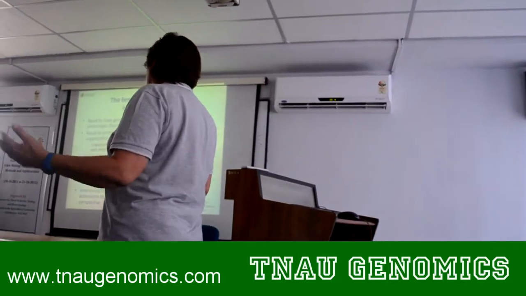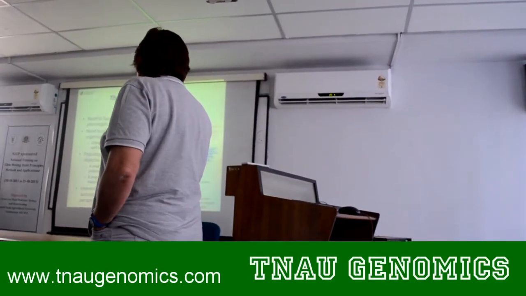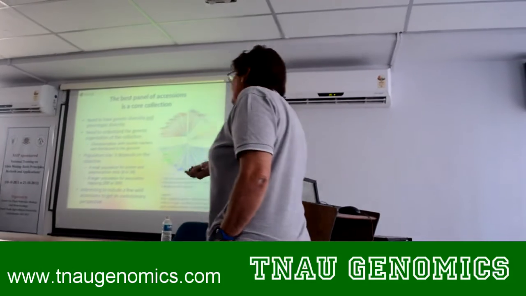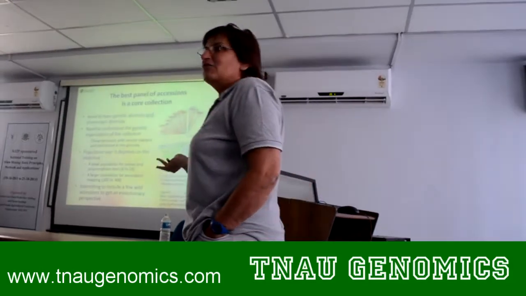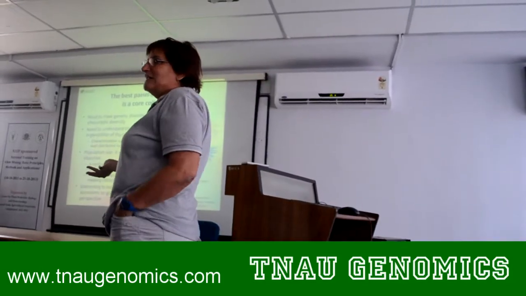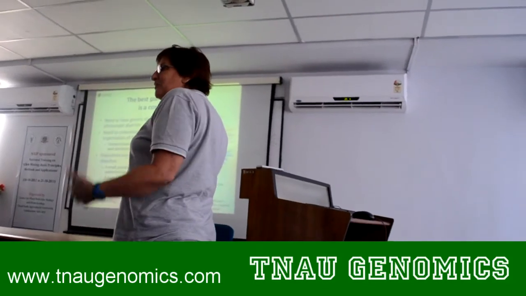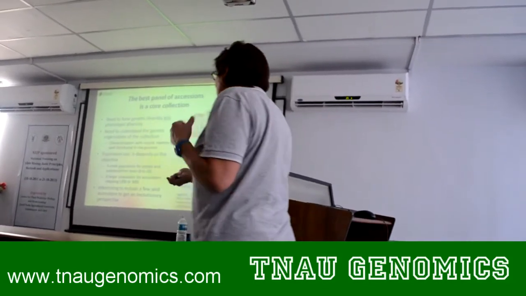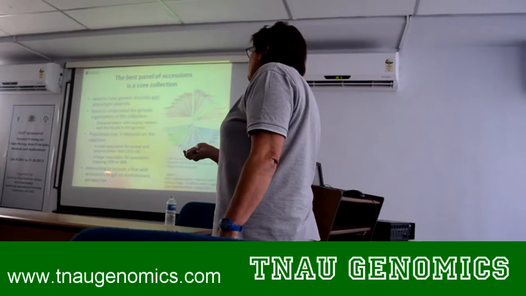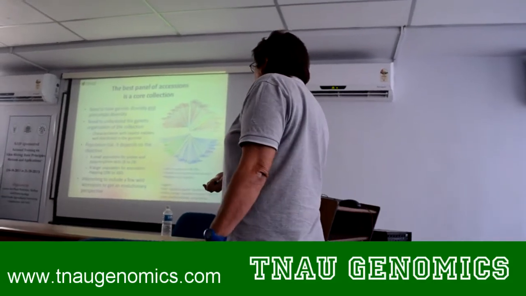Okay, there is no limit. If you can handle more, it's fine. But generally, the problem is that to phenotype accessions is difficult as soon as you have more than 100. Okay.